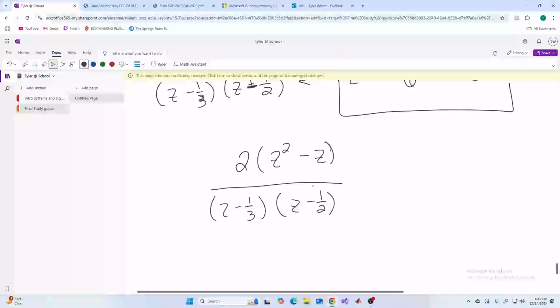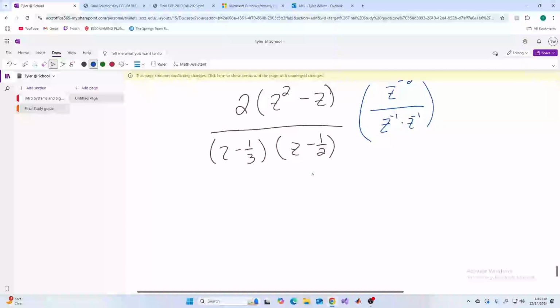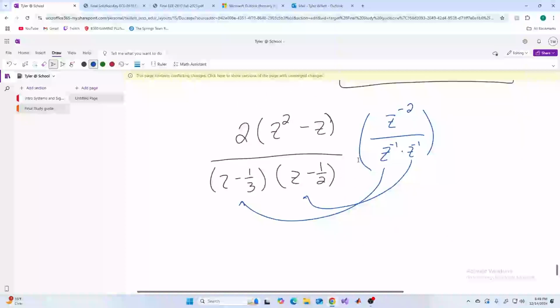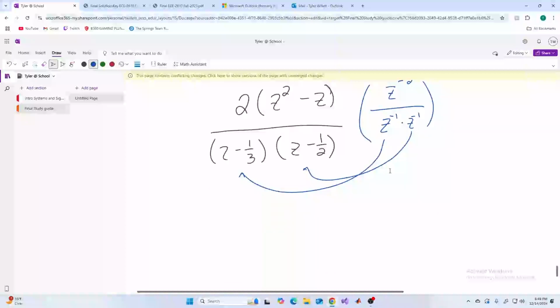I'm going to stay in this form. What do I need to do now? I need to multiply the top and the bottom by z to the negative 2 all over z to the negative 1 times z to the negative 1. This is the same thing as z to the negative 2, but this will go into each of these terms. So if I had 3, 4, 5, 6 terms, I'd break that up into that many z to the power of negative values. So let's go ahead and do that.